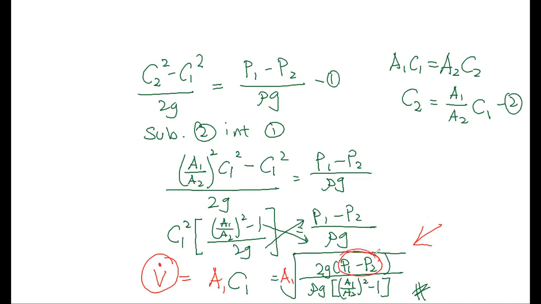So we'll measure P1 minus P2, then sub into this equation, and this will give me my V dot. So this is the derivation for the formula for Venturi meter. Any questions so far?